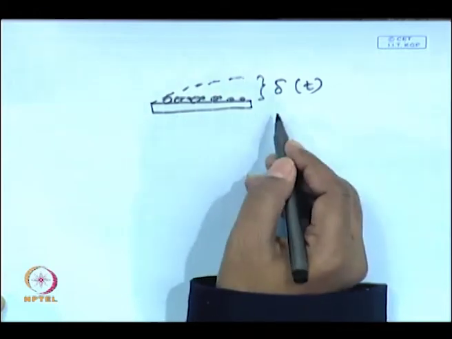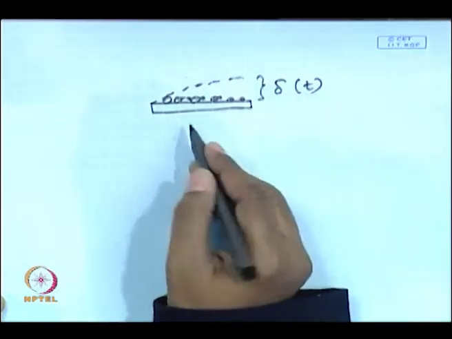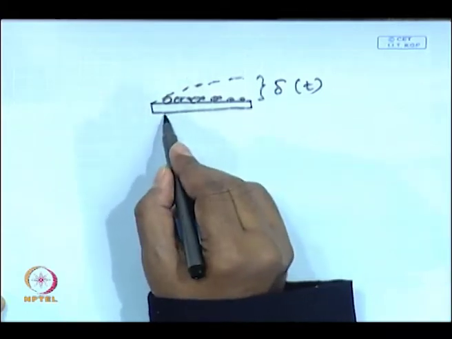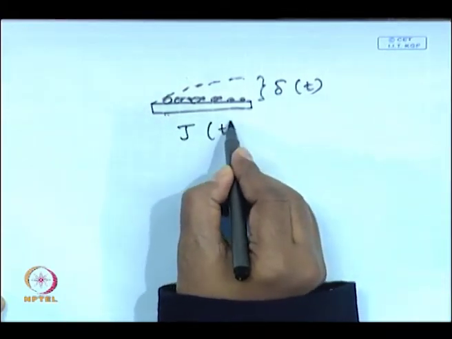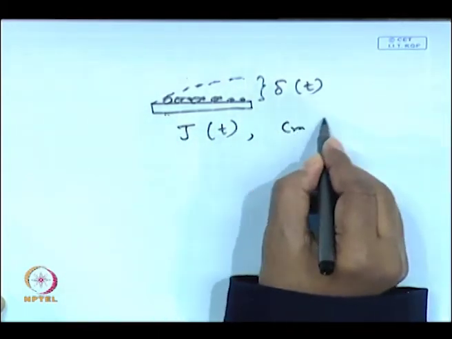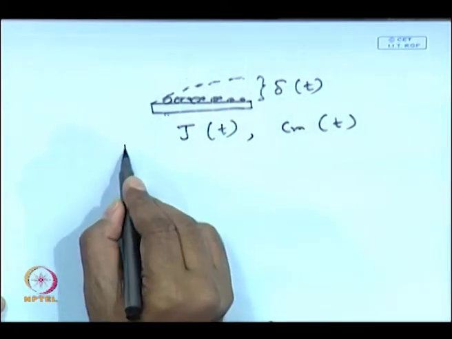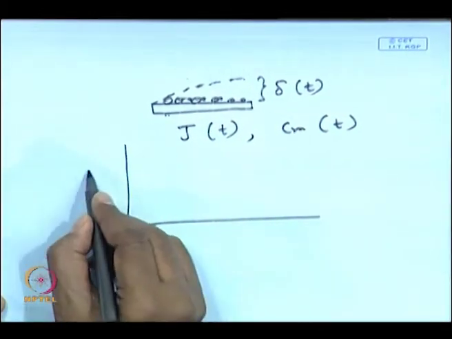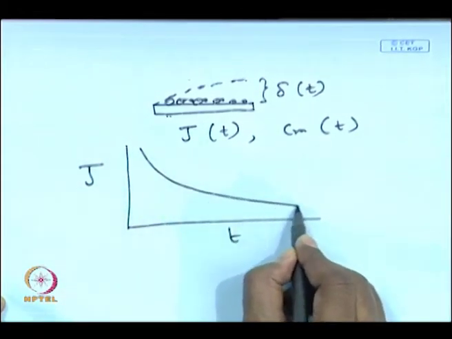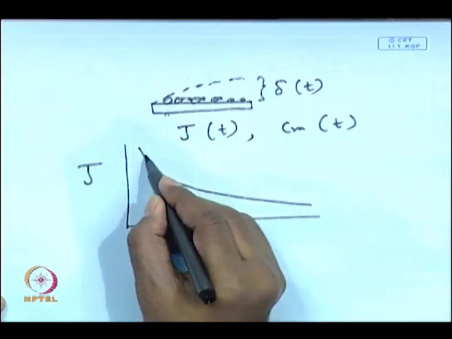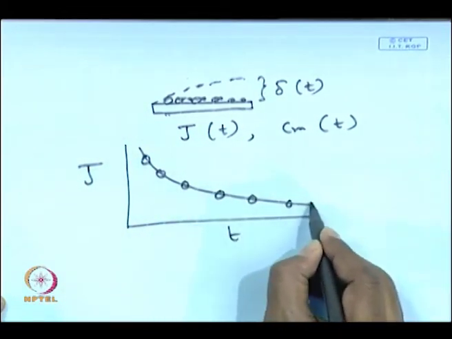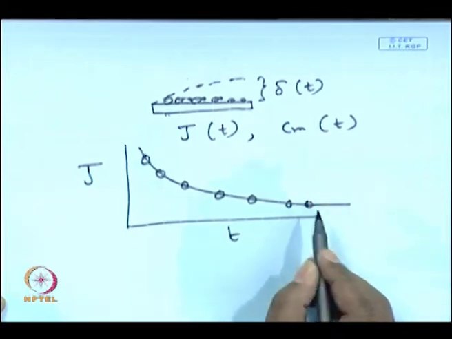If delta becomes a function of time, you will get a permeate flux which is a function of time, and a membrane surface concentration which is a function of time. So if you have a measurement, the permeate flux versus time will have a trend something like this, and you can have various experimental points on these curves.